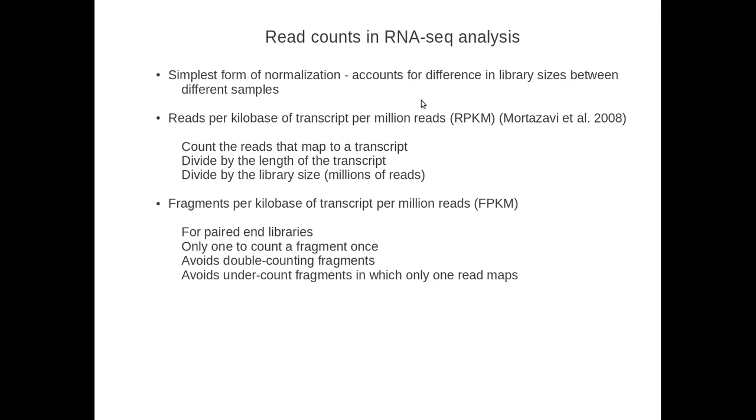In a trivial example, if we're doing a differential expression analysis with sample 1 and sample 2, say one from a tumor cell and one from a normal tissue cell, if one library is bigger than the other so that there are more reads, it would look like all of those genes are overexpressed in that one sample compared to the other. That's just a trivial example of why you have to normalize. You have to take into account the library size.